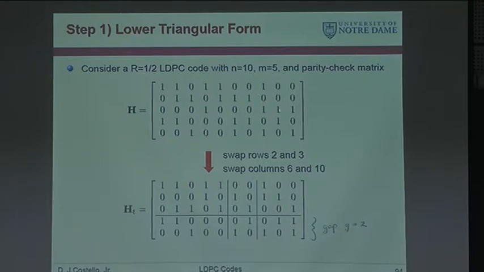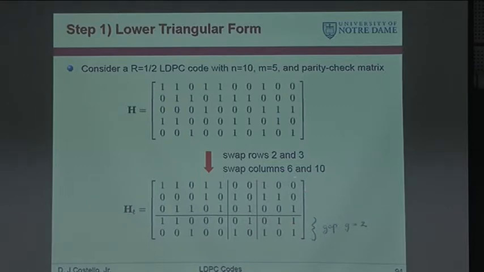So interchanging these 2 rows gets the 1, 1, 1 up here, okay, and we get a 0, 0, 0 down here. But then if we swap columns 6 and 10, the rows having been interchanged, we'd get 0, 0, 1 here in column 10, and we'd get 0, 1, 0 over here in column 6, and the same thing for the other bits.